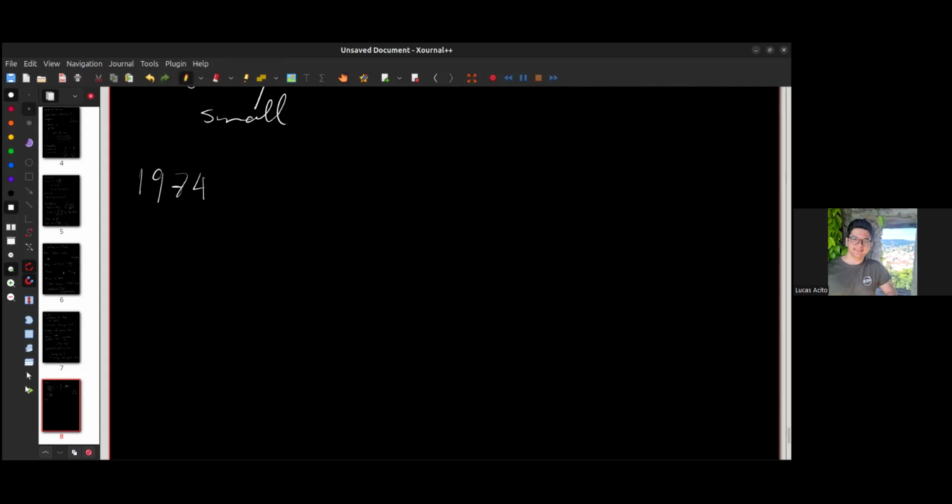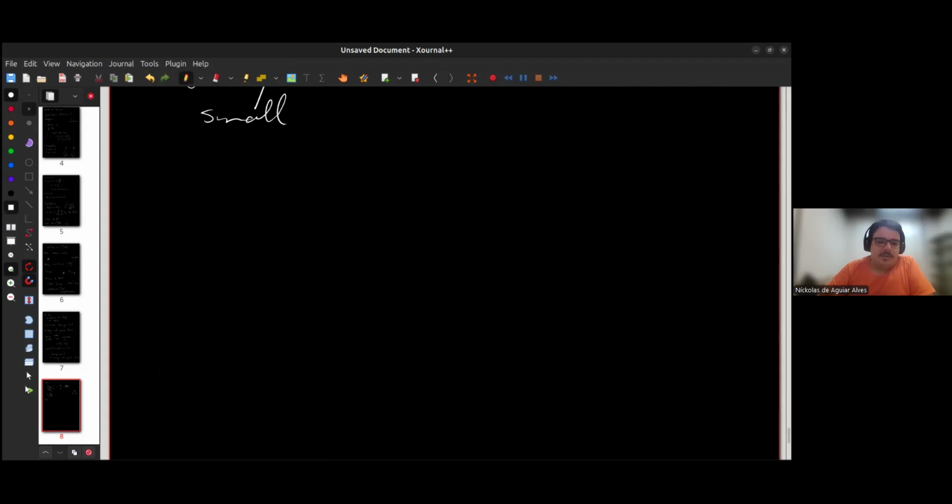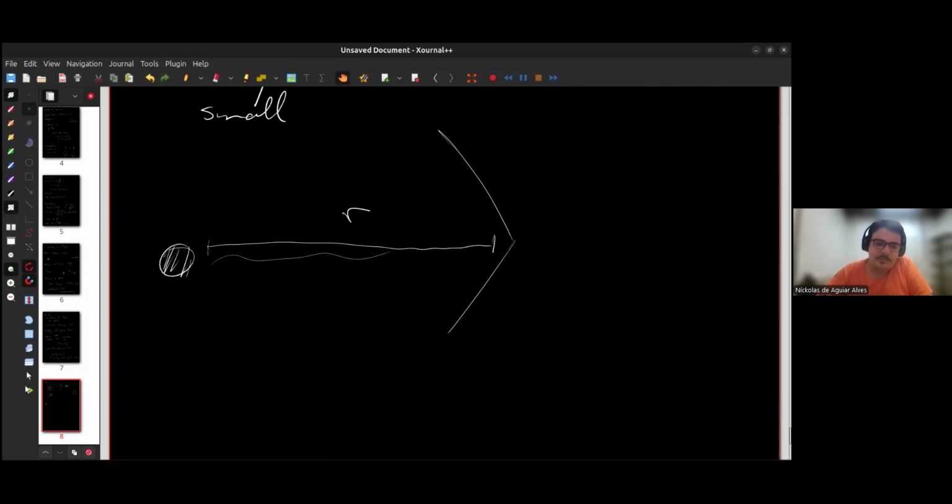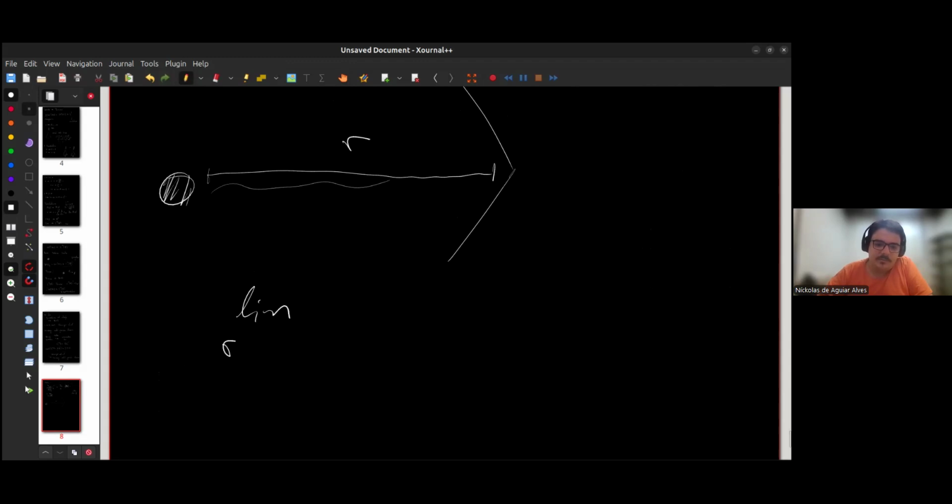Yes, you have a limit hidden in the BMS group, because what I'm doing in BMS is I have, for instance, a black hole or something in the middle of spacetime, and I'm going very far away, up here, to this region that I'm going to call infinity. We usually draw it in Penrose diagrams with this diamond shape. And this here is at some radial distance r, and I'm taking this limit as r goes to infinity.